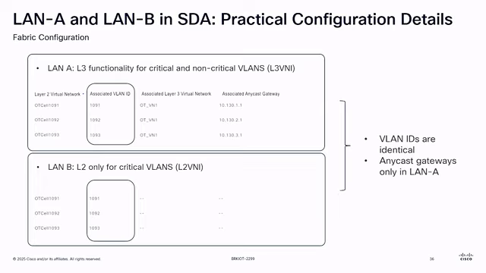There is no red box on the top. So only LAN A has gateways. All the layer 2 traffic is duplicated, but anything that needs to be routed is not duplicated. It just goes through LAN A.